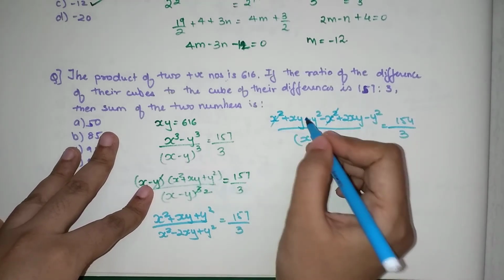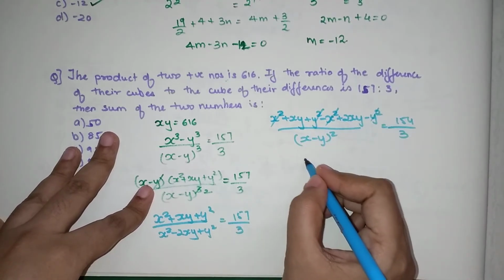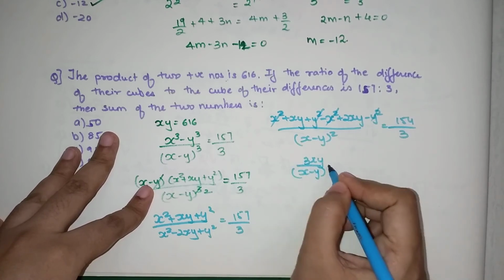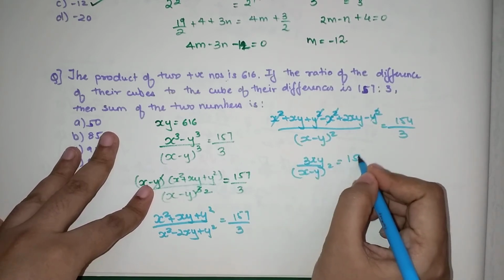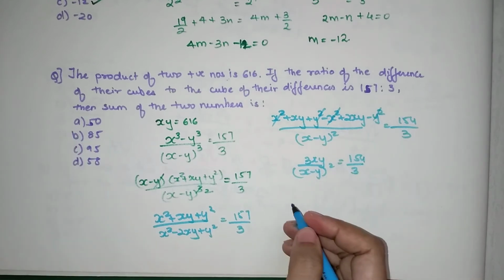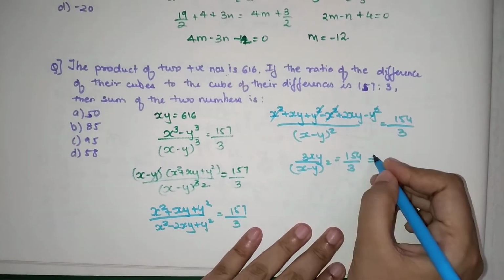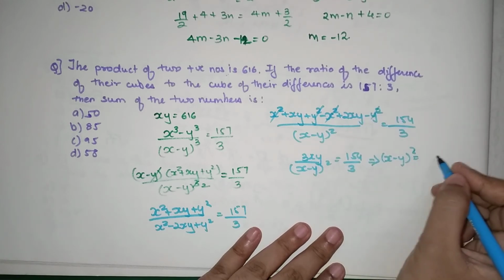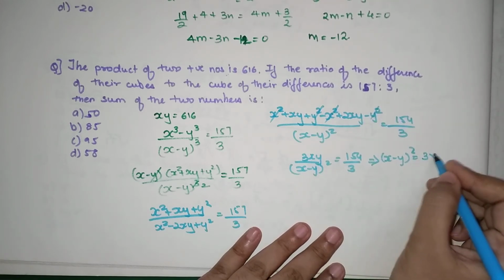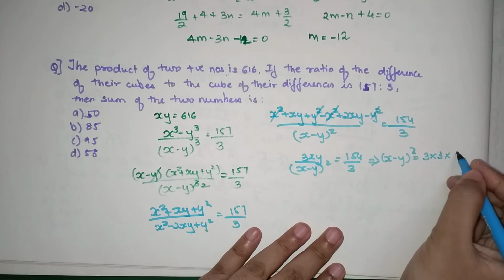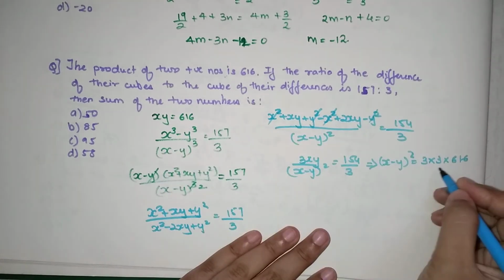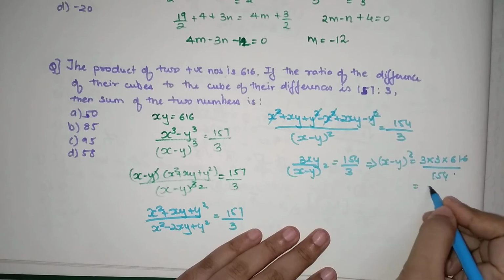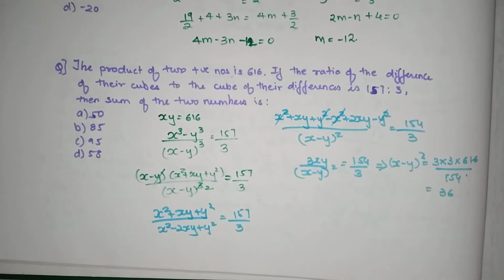So this gets cancelled, and I'm left with 3xy upon x minus y the whole square is equal to 154 upon 3. So here I can say x minus y the whole square can now be written as 3 into 3 into xy, 616, which is given, upon 154. So that is equal to 36.